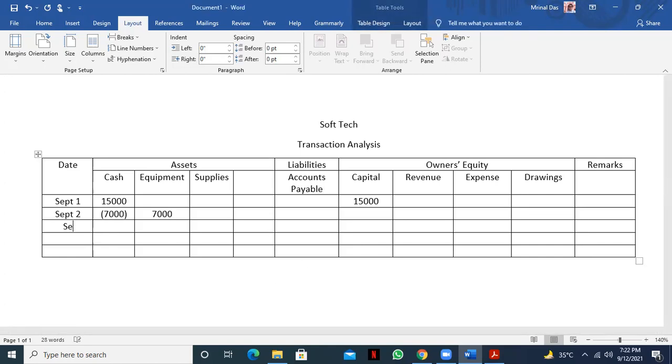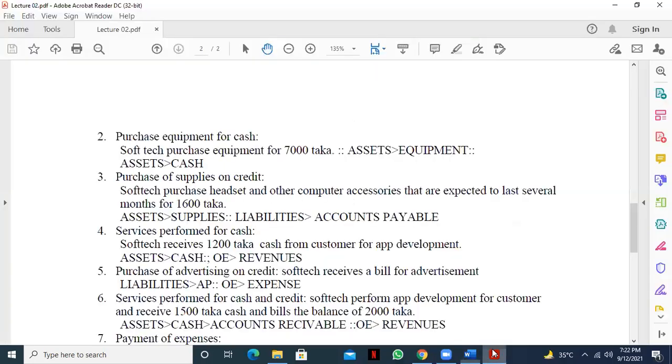So you know it is September 3. Now how much is the amount? You see, supplies. So how it comes, you see, ShopTech purchased headset and other computer accessories that are expected to last several months.